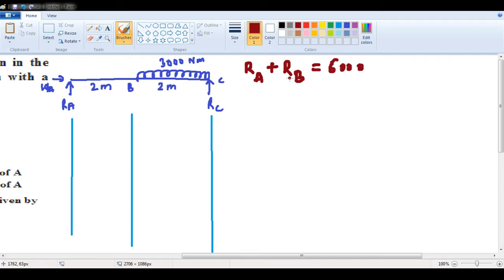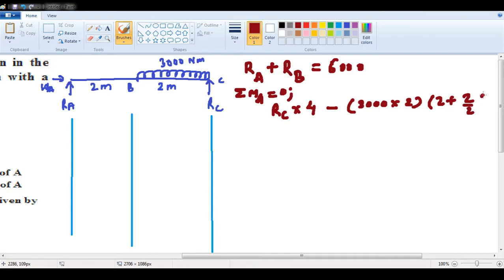Now we'll take moment about A equal to 0. So this will be RC, which is at a distance of 4, minus the force, which is how much? 3000 into 2. At what distance from A? At a distance of 2 plus 2 by 2, correct or not? Because this is a uniformly distributed load, the centroid will be exactly at half.